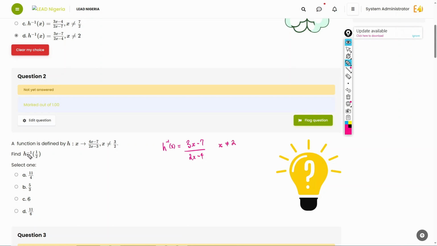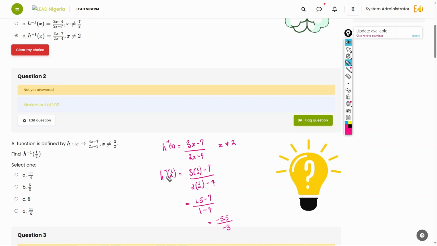So h inverse of half, I'll just plug in half. That would be (3 times half minus 7) over (2 times half minus 4). So this would be (1.5 minus 7) over (1 minus 4), which is negative 5.5 over negative 3.